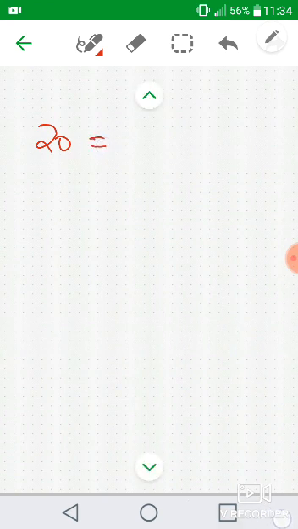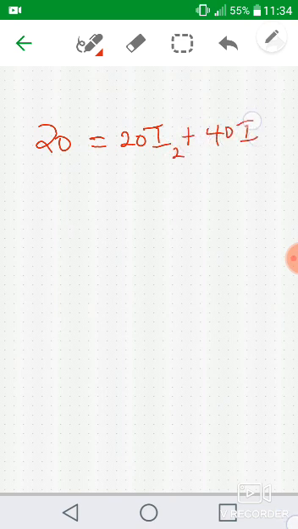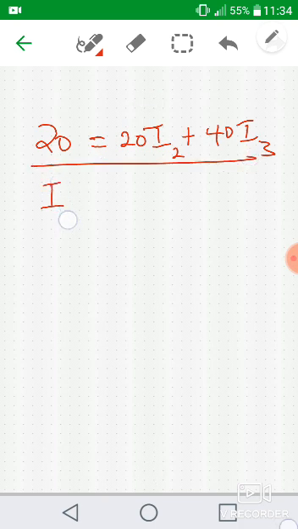So we shall just substitute R2 as 20, I2 plus R3 as 40, I3. So we have those three equations. The first one was I1 plus I2 being equal to I3.